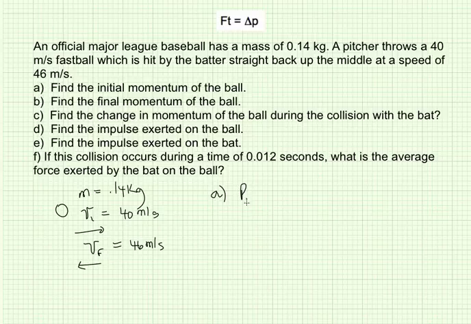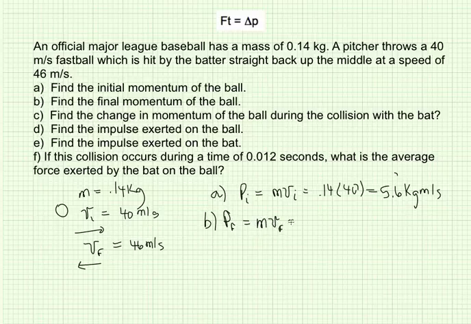So let's go ahead and solve for part A. It says, what is the initial momentum? To find the initial momentum, I need the mass times the initial velocity. The mass was 0.14 kilograms. The initial velocity was 40. That gives me a momentum of 5.6 kilogram meters per second. Now for part B, it says, what is the final momentum?